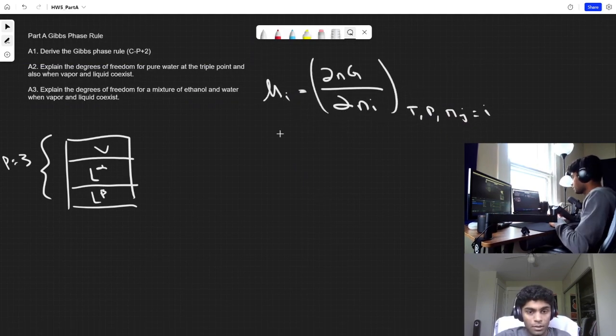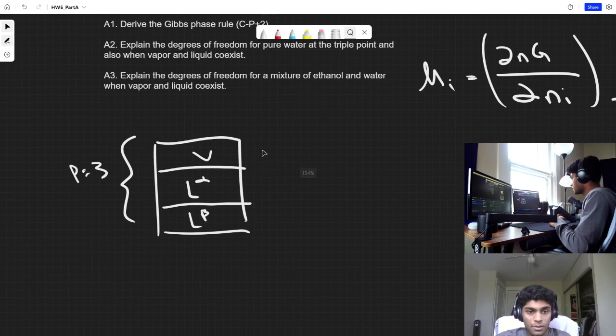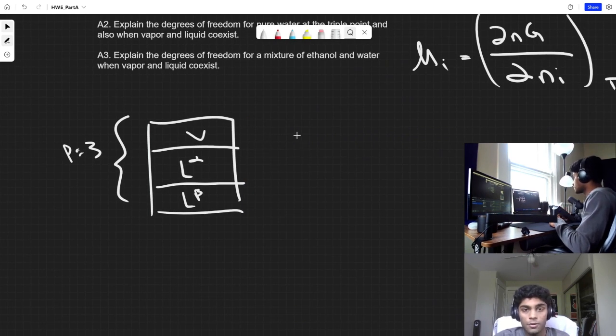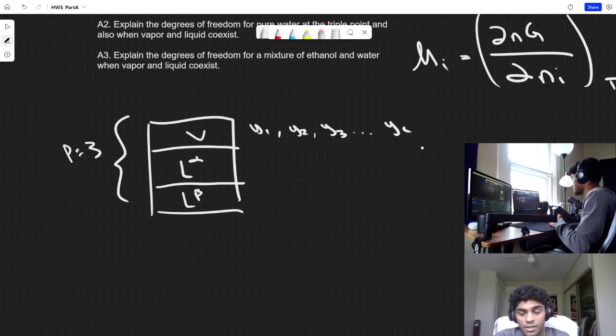Now, for each one of these levels here, we're going to have some components for it. So we say that this is some components. We have a y1, that's a component. There's going to be a y2 component, a y3 component, and so on, all the way up to a yC component, some C amount of components. And it's the same thing for the liquid phase.